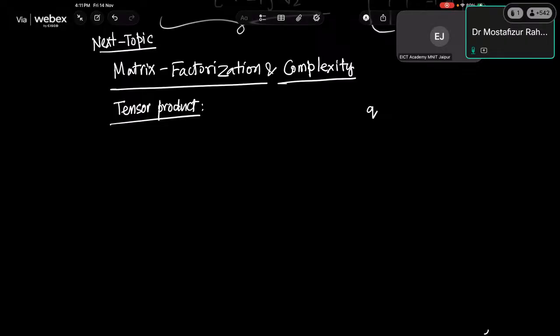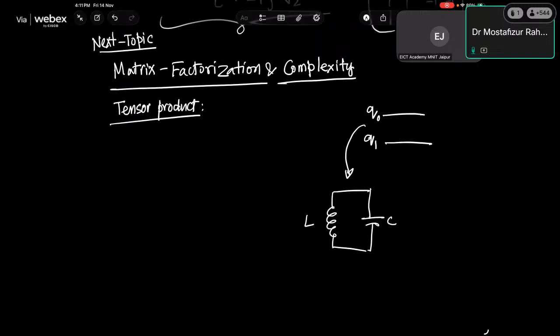Typically in quantum computing, we say two quantum registers, Q0 and Q1, right? And how are you creating this Q0 and Q1? There is an oscillator. For example, if it is a superconducting device, you have an LC oscillator, with this L and this C.